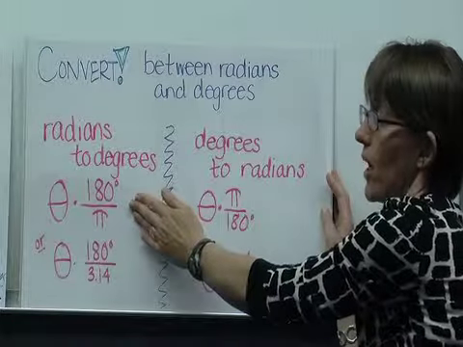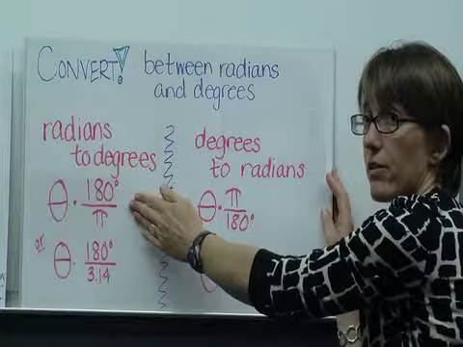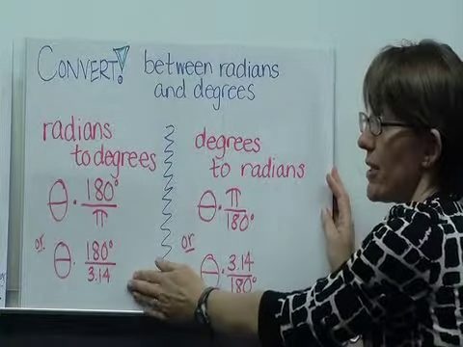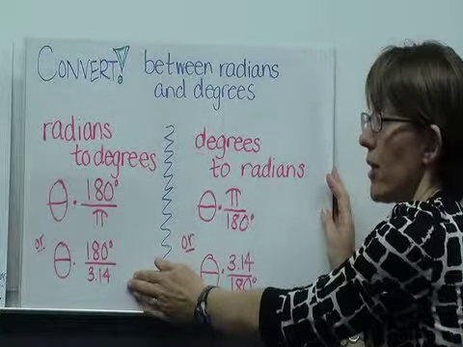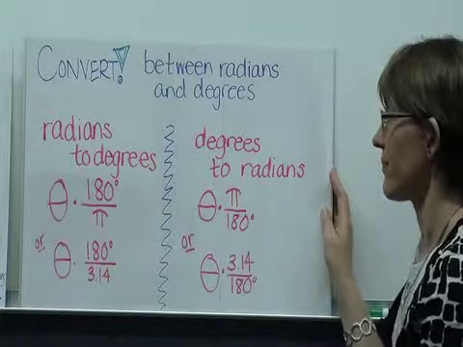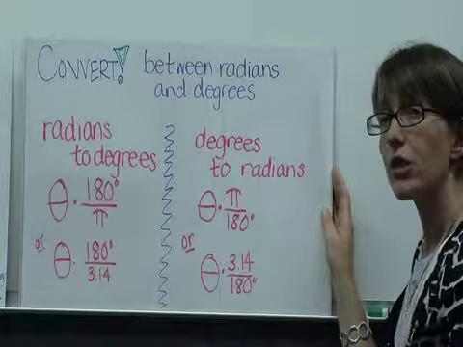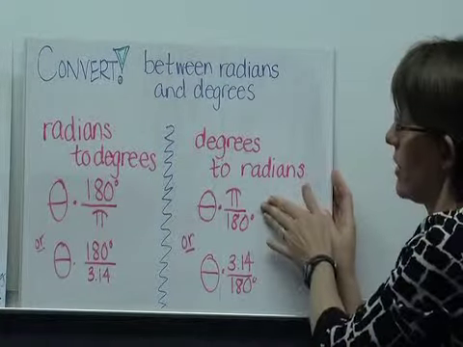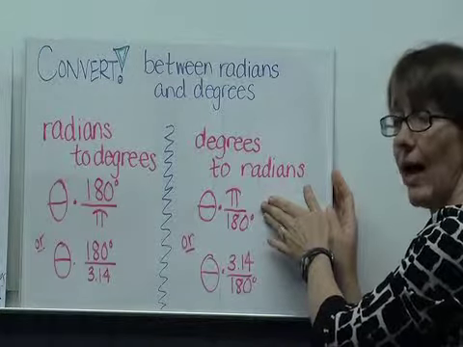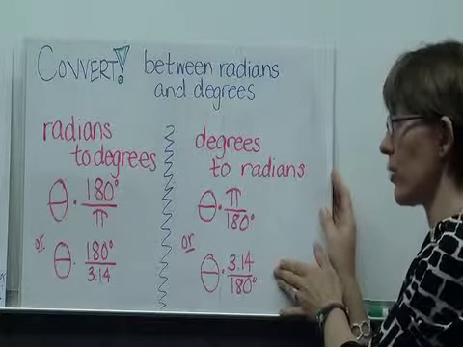So I can either do theta times 180 degrees divided by pi, or if I'm working in decimal radians, I can do theta times 180 divided by 3.14. If I'm converting from degrees to radians, I use the reciprocal. Multiply by pi over 180, or multiply by 3.14 over 180.